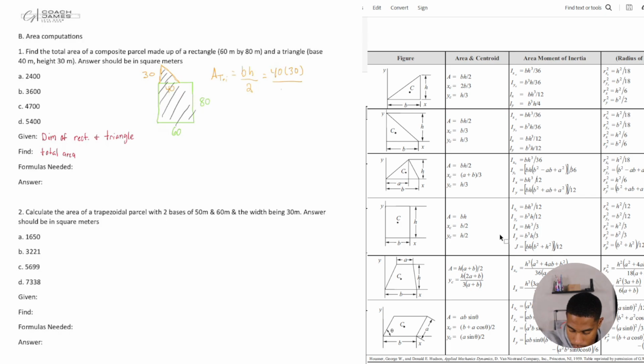Divide that by 2, and I get 600 meters squared. All right, what about our rectangle? The area of the rectangle is equal to 60 times 80, the base times the height, which is equal to 4,800 meters squared.